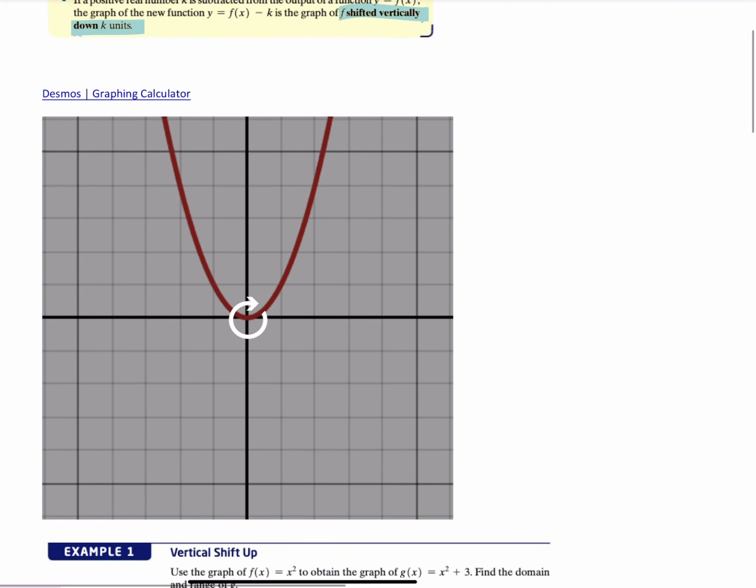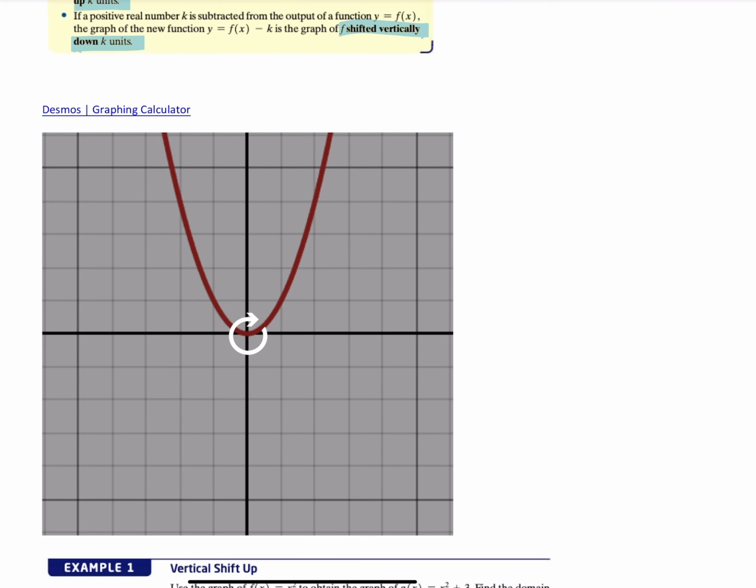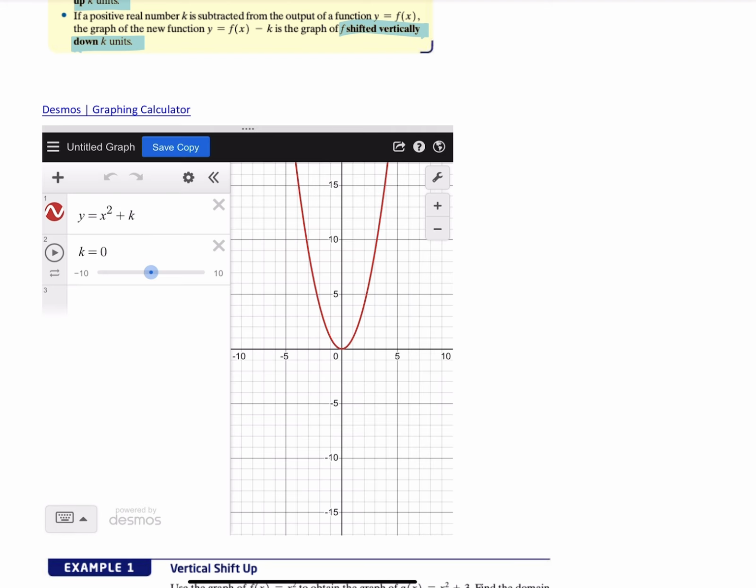So I have a few inputs here from Desmos. It's a really easy tool to play around with. Let me see if it'll load in. Cool. So here we're imagining we have the parent function x squared, and that's what's graphed here. And I've added this plus k, so that's some number that is being added to the function.